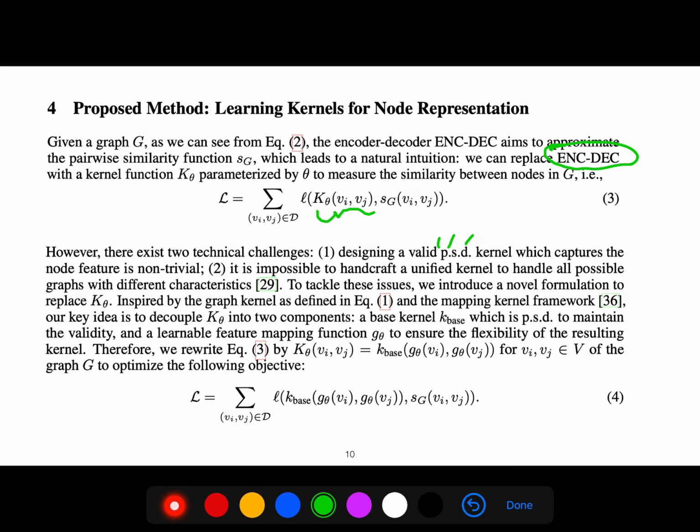So we introduce a novel formulation to replace k theta. Inspired by the graph kernel and the mapping kernel framework, our key idea is to decouple k theta into two components: a base kernel, which is positive semi-definite to maintain the validity, and a learnable feature mapping g to ensure flexibility of the resulting kernel.